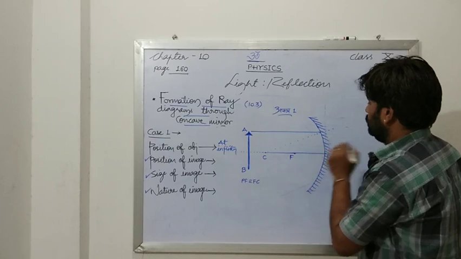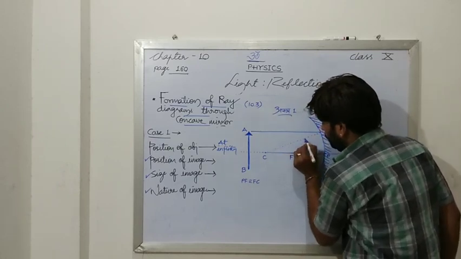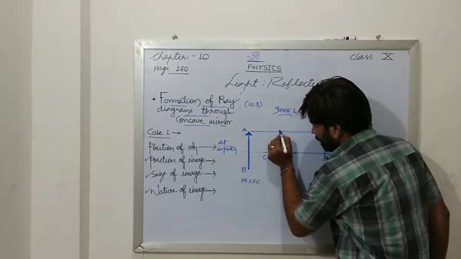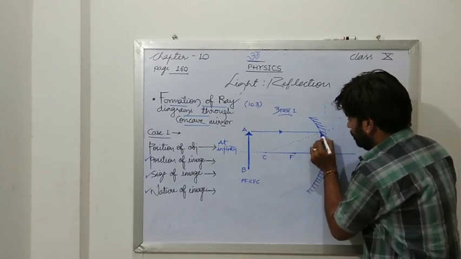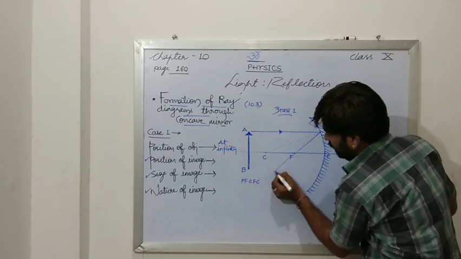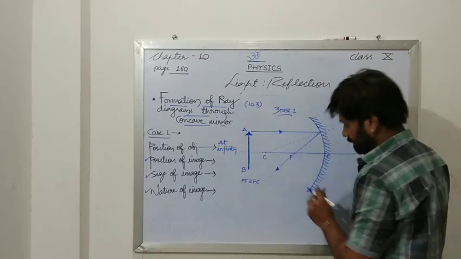So when a ray comes towards the mirror parallel to the principal axis, just after reflection it will pass through the focus, as we have already studied.